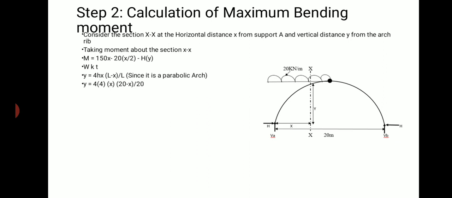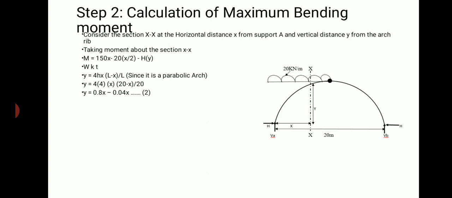So 4 into 4 into x into total L, which is 20 meters, so 20 minus x, divided by 20 square. After simplifying this, I get y is equal to 0.8x minus 0.04x square.